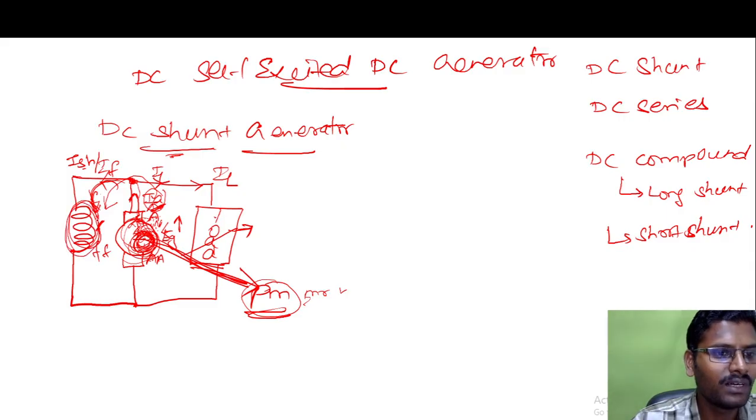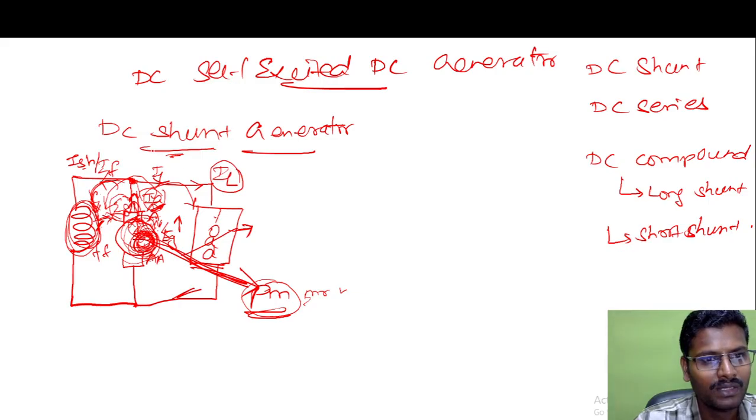Now this field coil will create some flux, main field flux or field flux. Now this armature flux and field flux will link each other, where an enormous amount of EG will be created, which will be named as energy or EMF. This EMF will be applied to the load, and the load current will be IL, right? So this is the basic concept behind DC shunt generator.